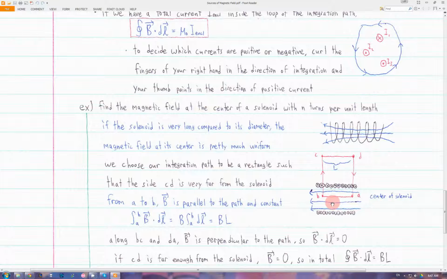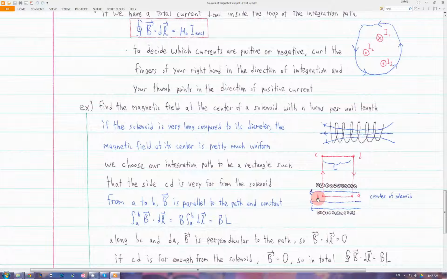So again, we can replace the dot product with just B times dl. If the magnetic field is uniform, B is the same at every point, so we move it out of the integral, and integrating dl from a to b, we just get capital L, which is the distance from a to b. So that's the integral of B dot dl from a to b.